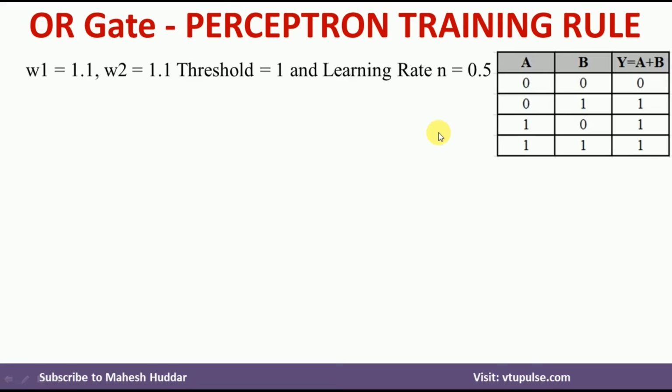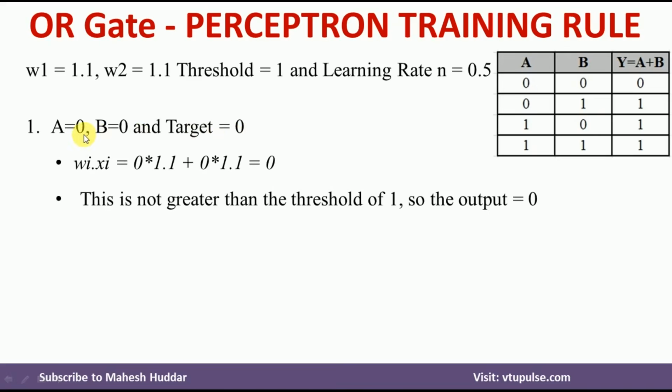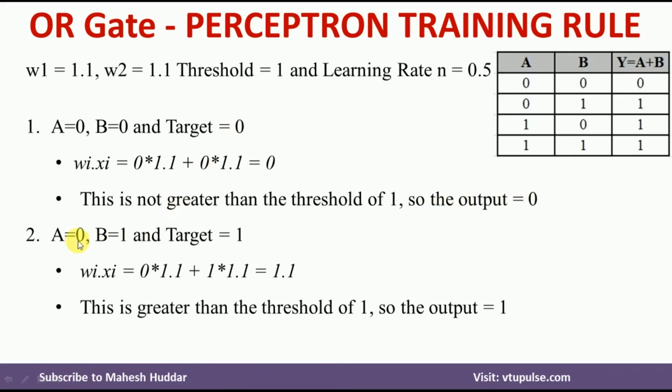So we consider the first example where A is 0, B is 0, target is 0. The summation term is 0, which is not greater than the threshold value, hence the output is 0. Output is 0 and target is 0, no need of weight updation. A is 0, B is 1 and target is 1 in the second example.